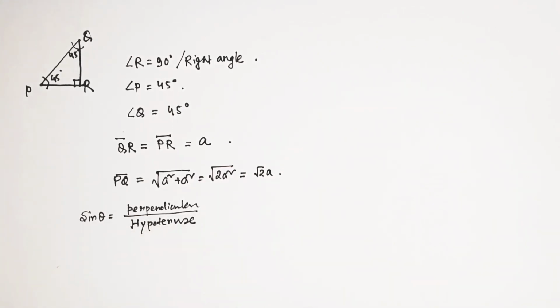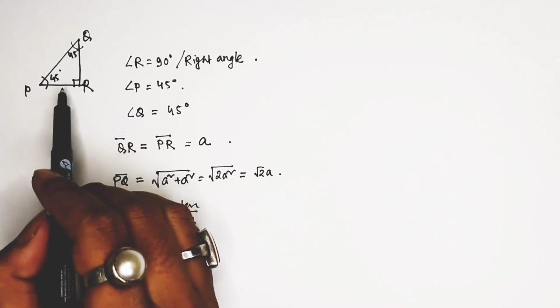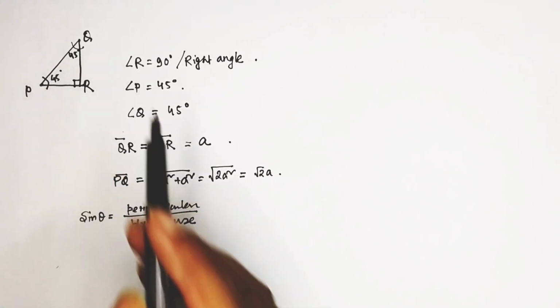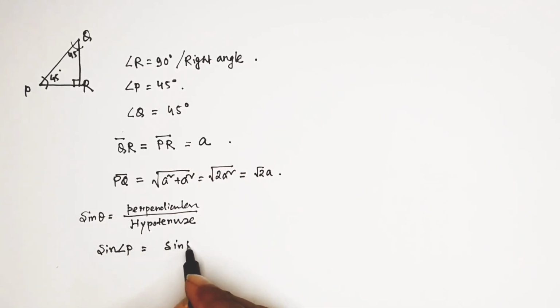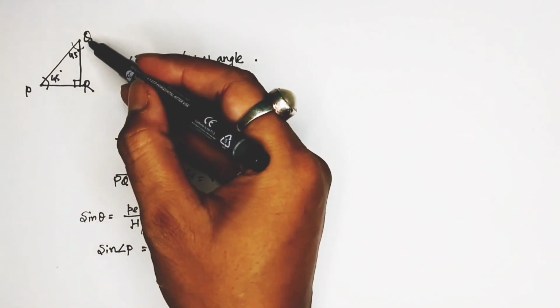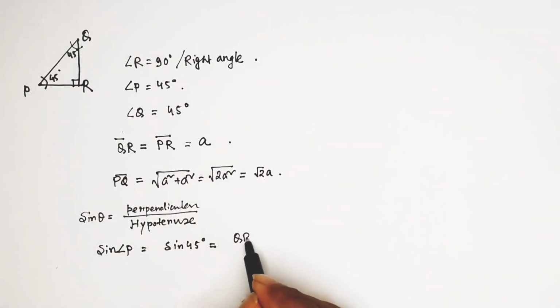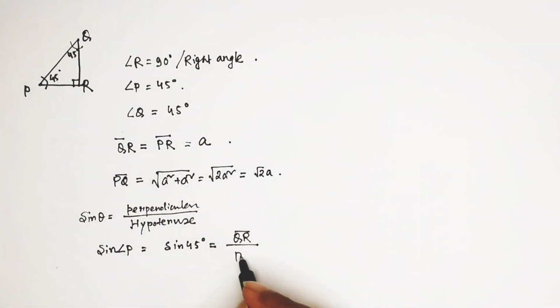So here in this right angle triangle, sine of angle P, that is sine 45 degree, is equal to the perpendicular with respect to angle P, that is QR, divided by the hypotenuse, that is PQ.